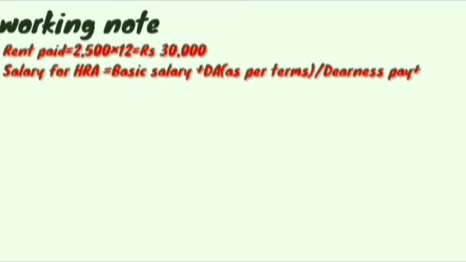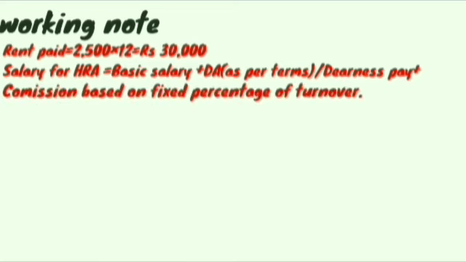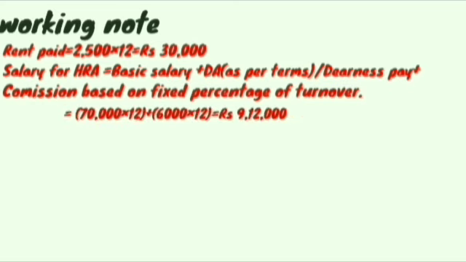Here salary means basic salary plus DA as per terms or dearness pay plus commission based on fixed percentage of turnover. Therefore, salary is equal to 70,000 into 12 plus 6,000 into 12 is equal to rupees 9,12,000.